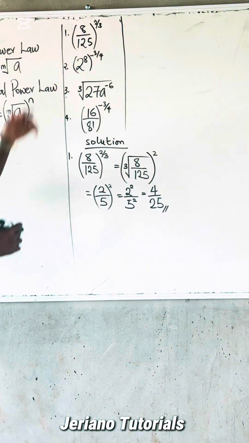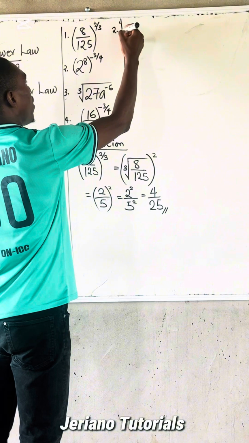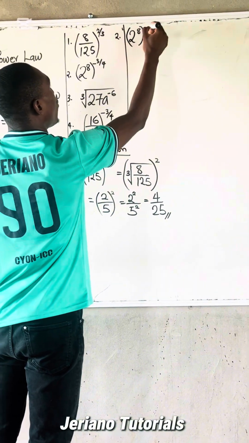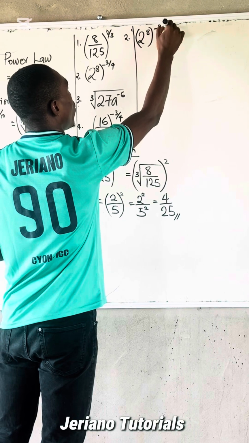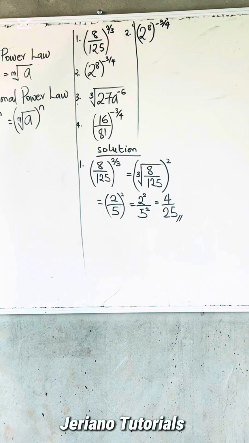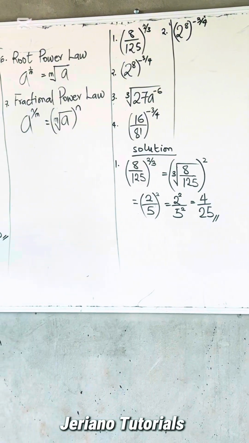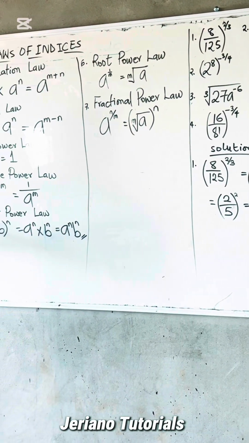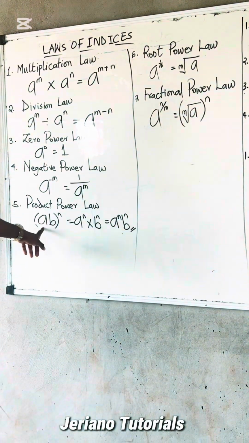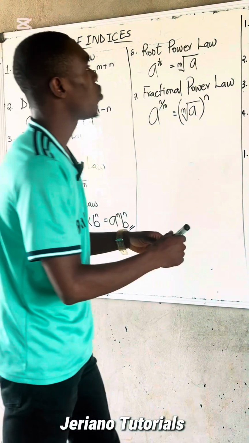Okay, now the second example, we are having 2 raised to the power of 8, all raised to the power of minus 3 over 4. Now, to solve this, go back to our product power law, whereby we have our power multiplying the base. Same thing is applicable here.